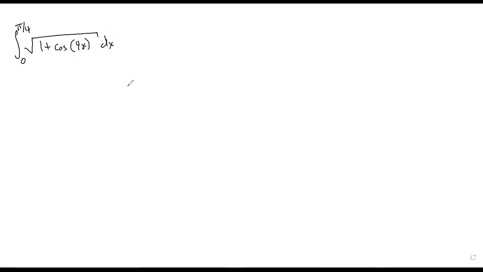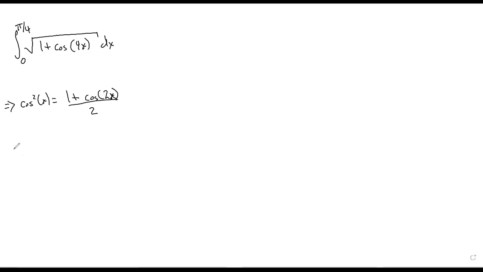Okay. So what we're going to do here is recognize this as the top half of that half angle formula. Remember that cosine squared of x can always be rewritten as 1 plus the cosine of 2x, all of that divided by 2. So if I see a 1 plus cosine of some argument, I have the top half of this fraction.